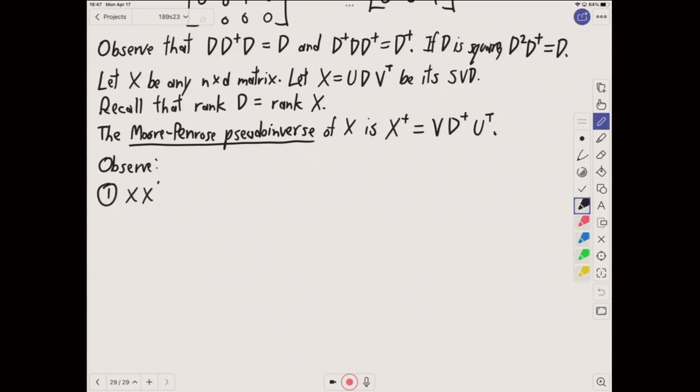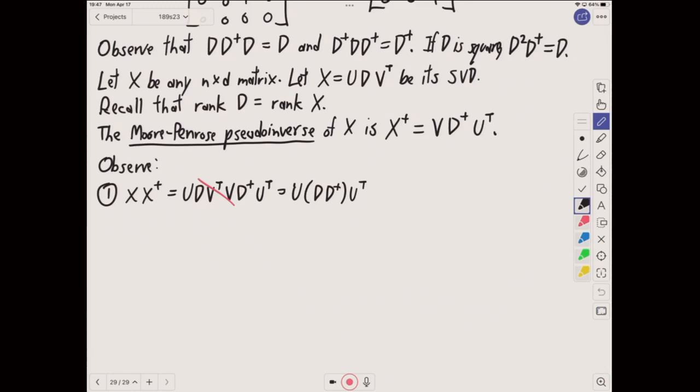So first of all, what happens when you multiply X by its pseudo-inverse? Well, remember the SVD says the first part is U D V transpose, and our definition says the second part is V D plus U transpose. Now, the V's are going to cancel each other out, so you get just U D D plus U transpose.